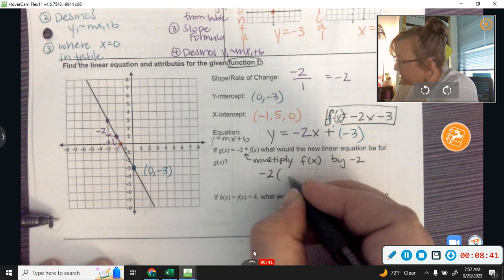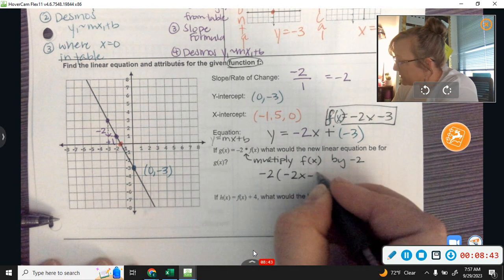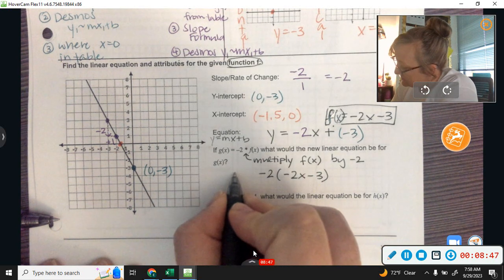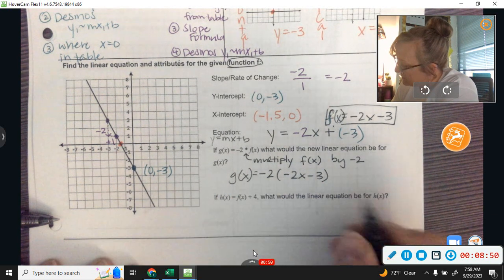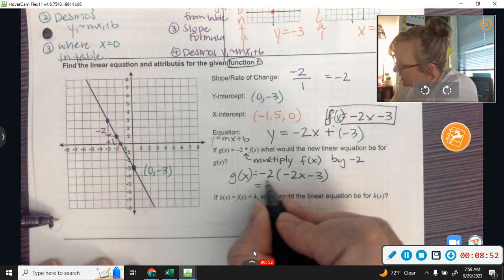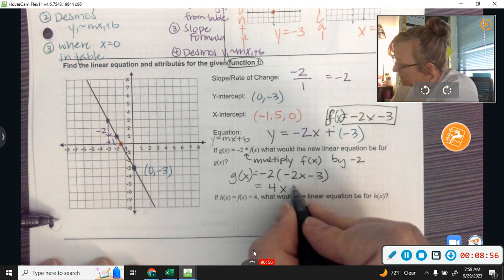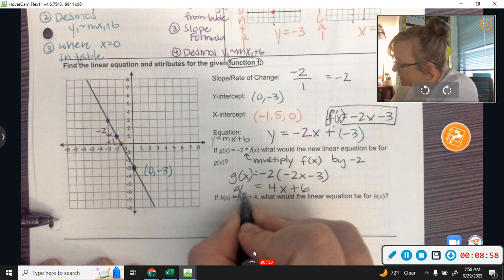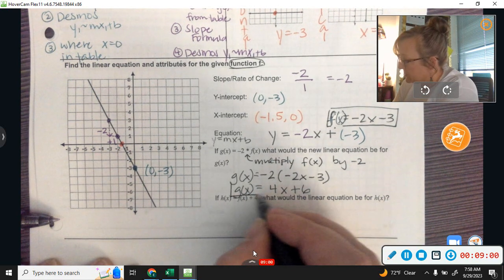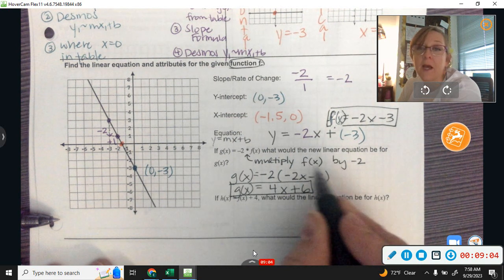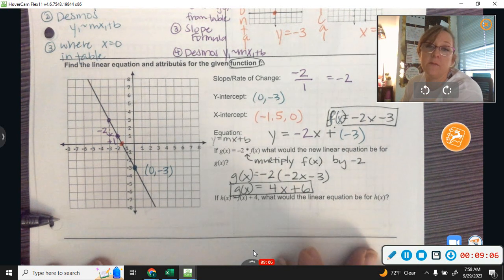I'm doing -2 times (-2x minus 3). So g of x will be that. I would get -2 times -2 is positive 4x, -2 times -3 would be positive 6. So g of x is 4x plus 6. So just using that distributive property there because I'm multiplying the entire equation by -2.